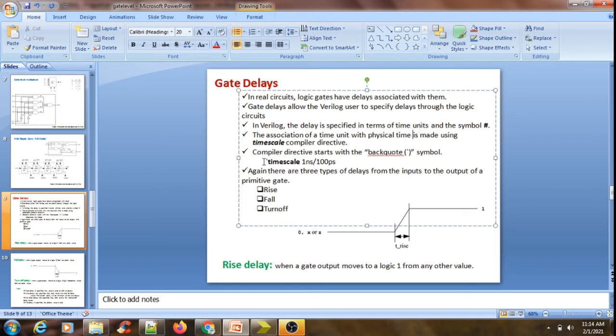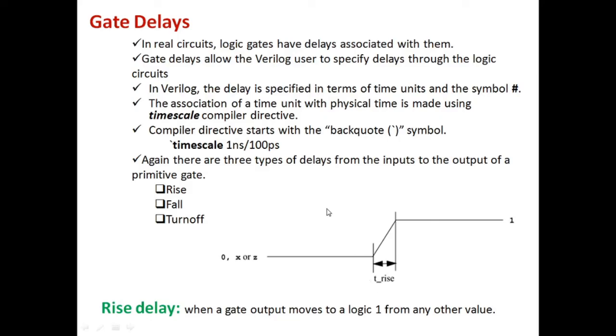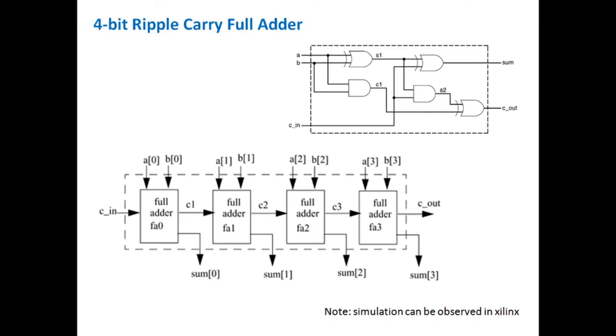This time scale compiler directive is given with a syntax like this: tick timescale 1 nanosecond / 100 picoseconds. I will explain the time scale concept in detail in further lectures, but as of now, this is what you have to know: how it is associated with the gate delays.